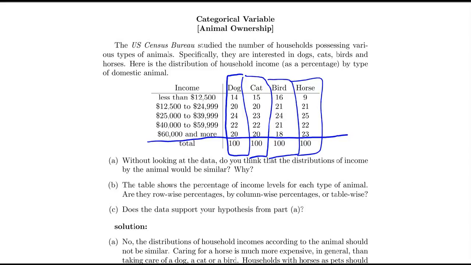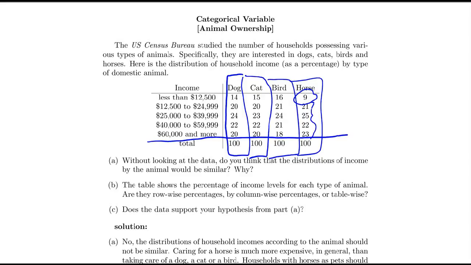This is slightly different for the horse category. And so here, if we look at the distribution of income for the category of less than 12,500, for households that have horses, this only represents 9%, which is lower than 20% for all the other categories.